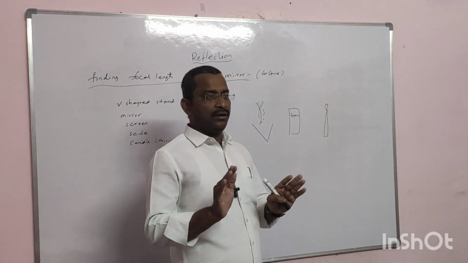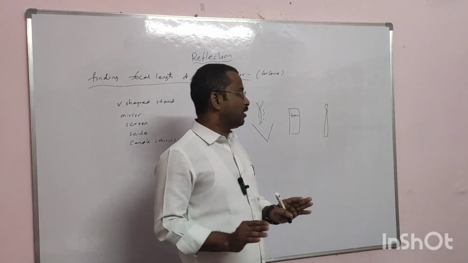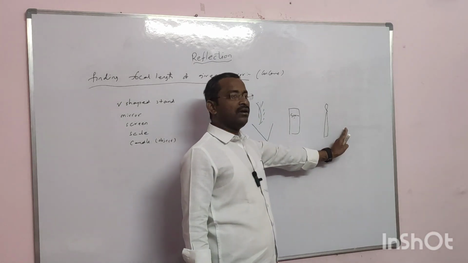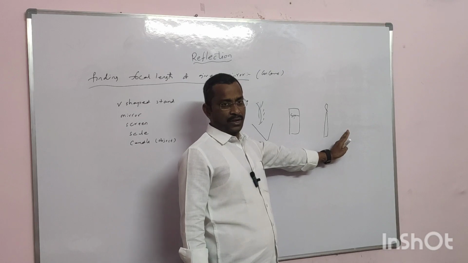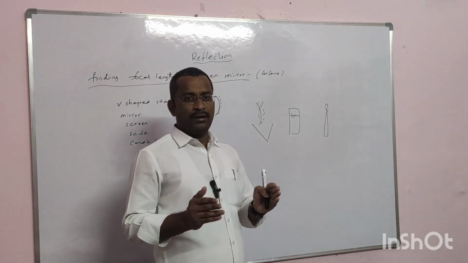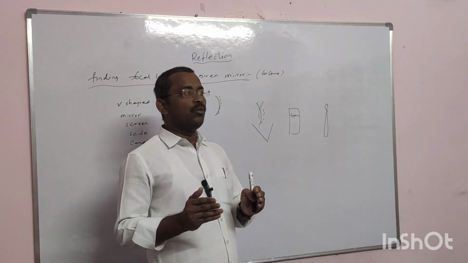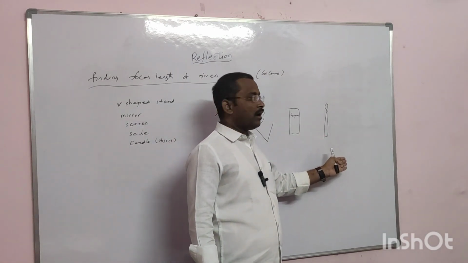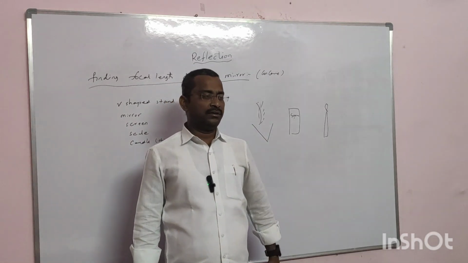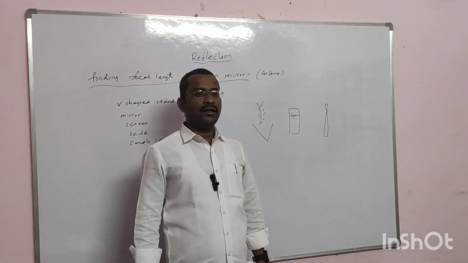Let's take a near distance such that the mirror is placed somewhere and quite opposite to that the candle is placed. Now, in between the candle and the mirror, take the screen and adjust it by moving towards the candle and towards the mirror until you get a clear image.